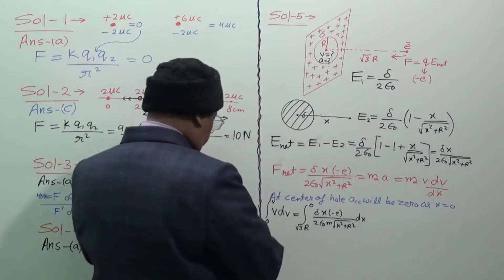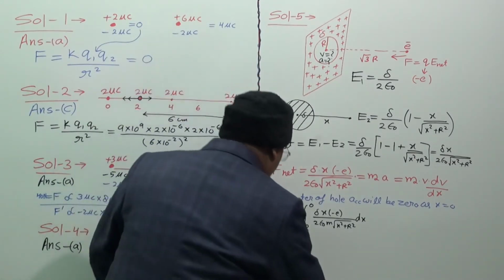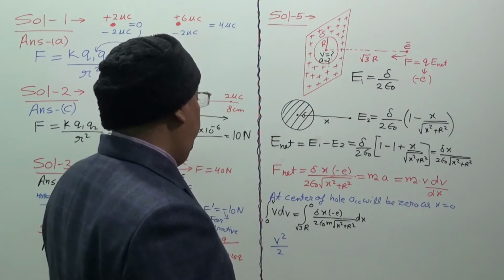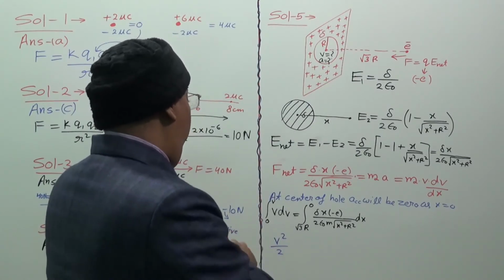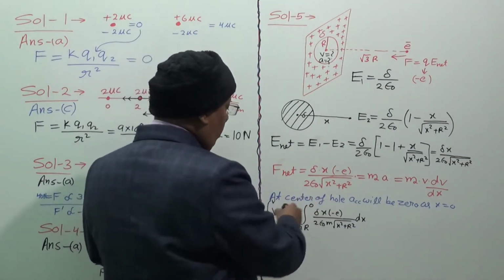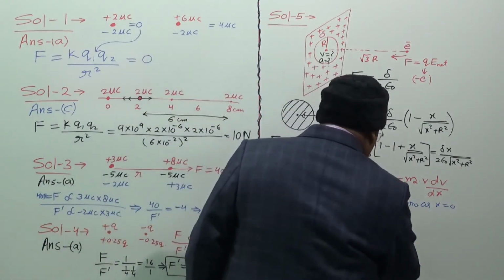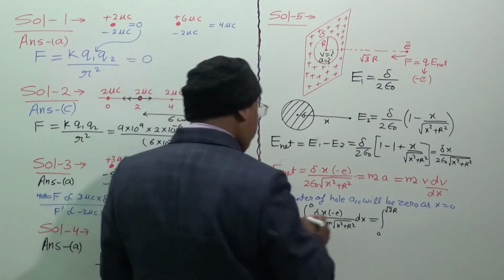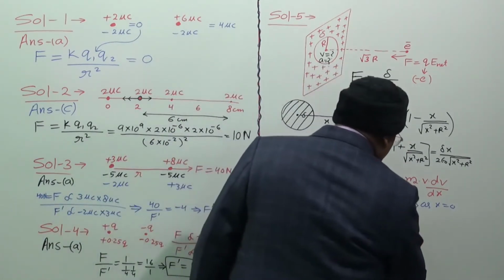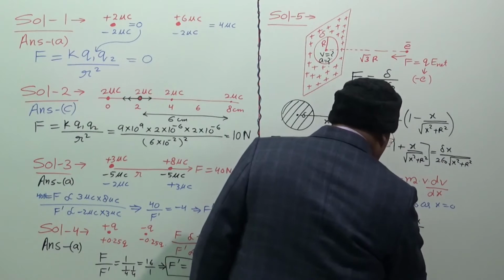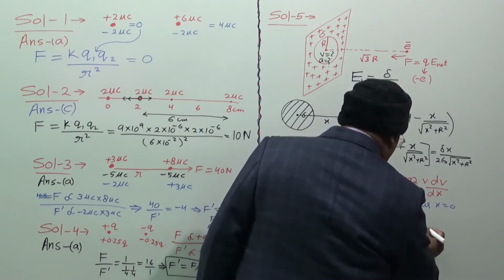This will become v square by 2, this negative sign accumulates in the limit, and the limit will be 0 to root 3r of e small sigma x dx by 2 epsilon naught m under root x square plus r square.